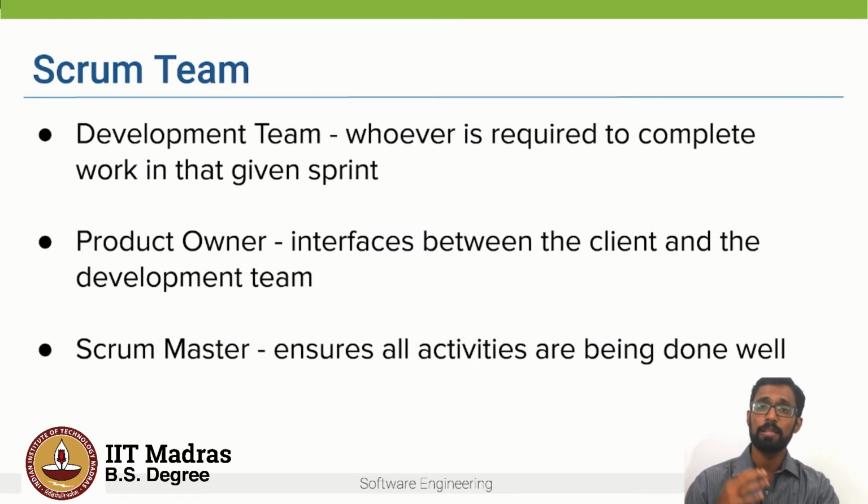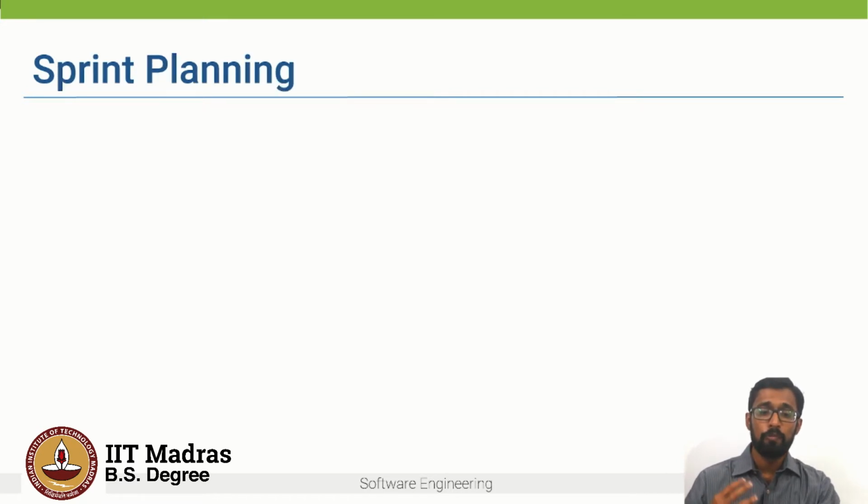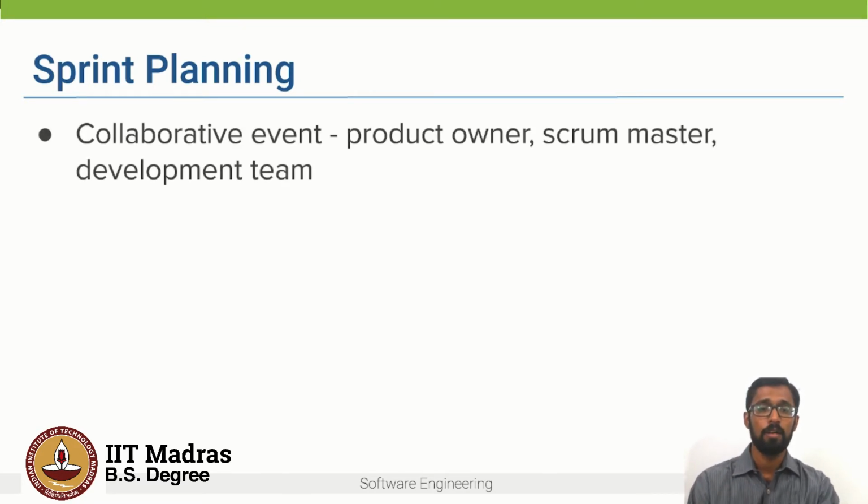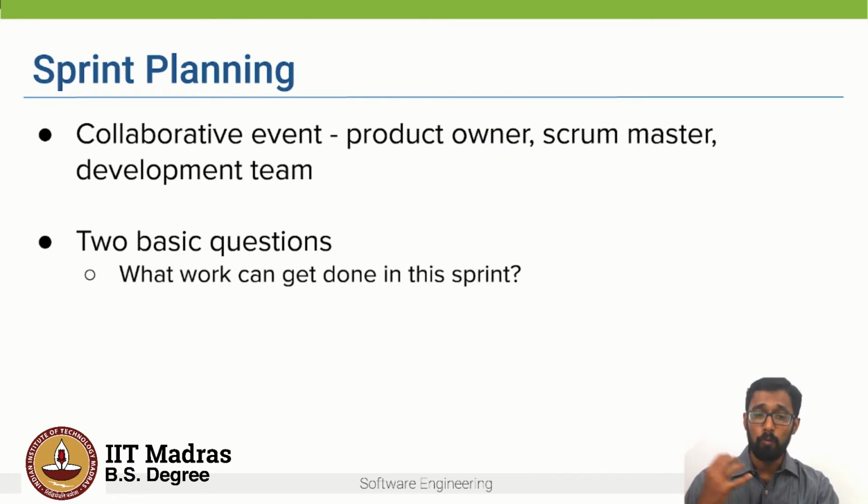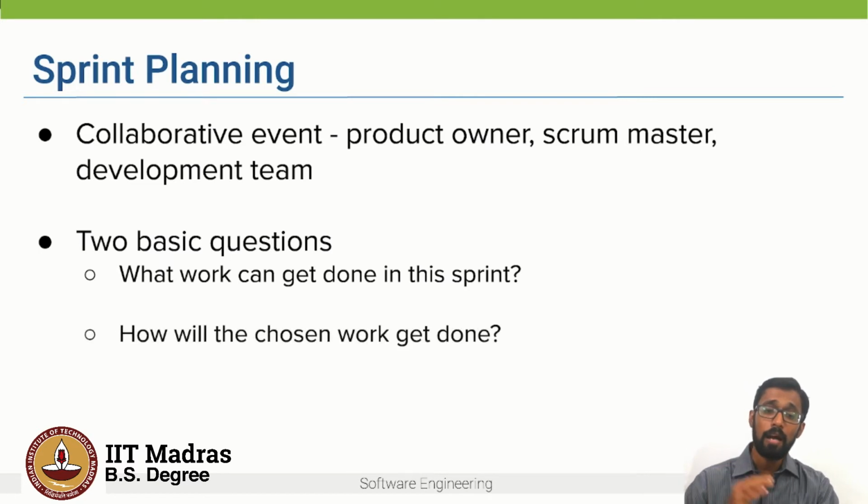Now let's look at the main activities in Scrum. Before you start a sprint, you conduct a meeting known as a sprint planning meeting. This is a collaborative event between the product owner, the Scrum Master, and the development team. The team asks two basic questions: what work can get done in this sprint, and how will the chosen work get done.